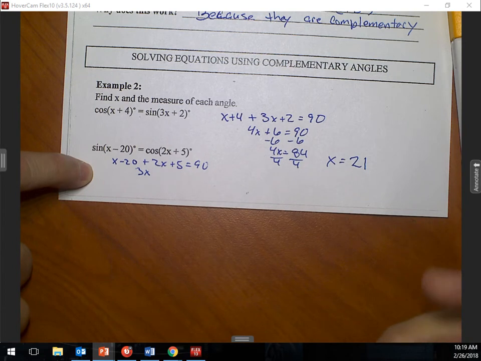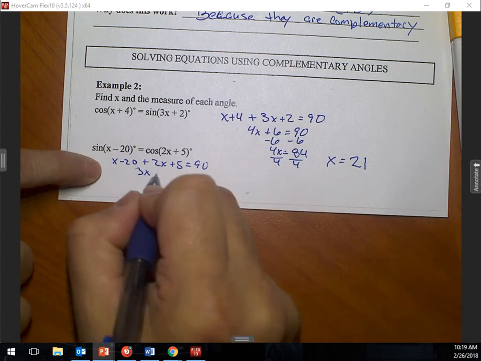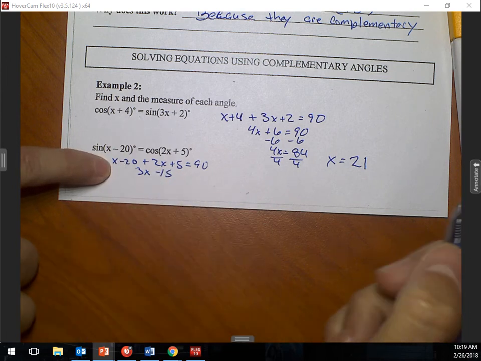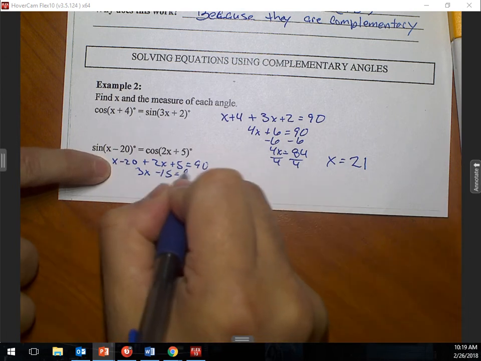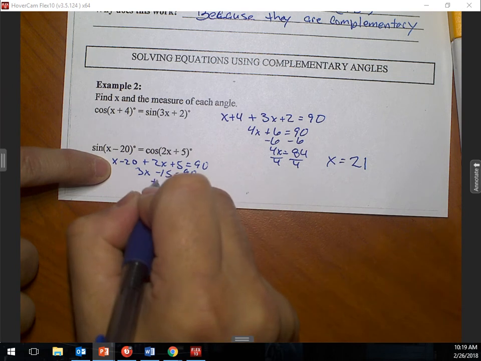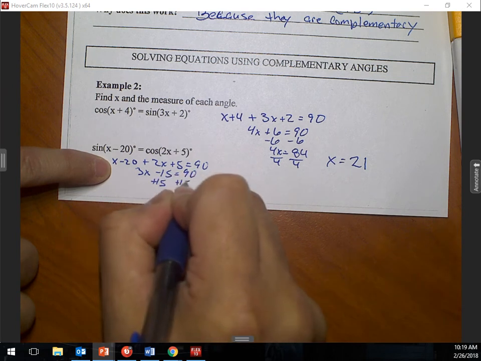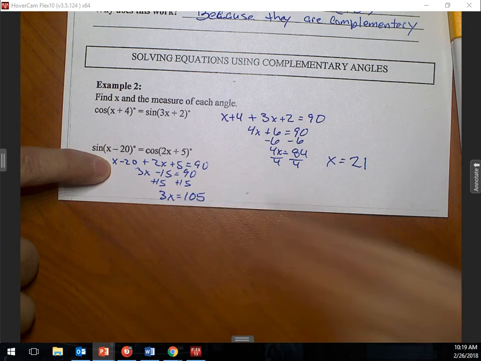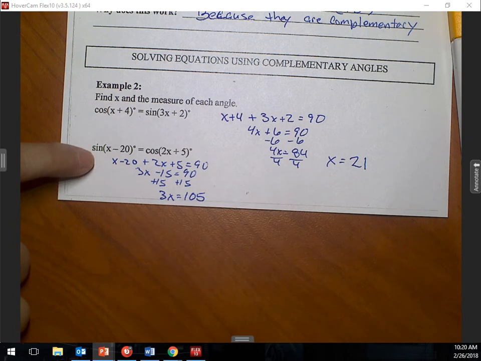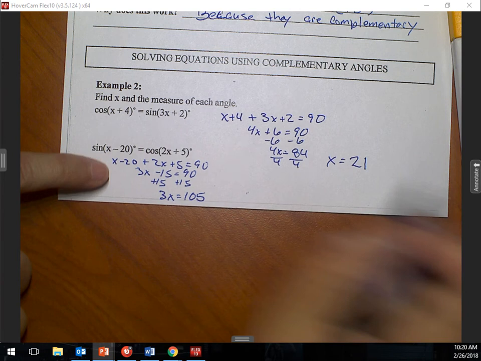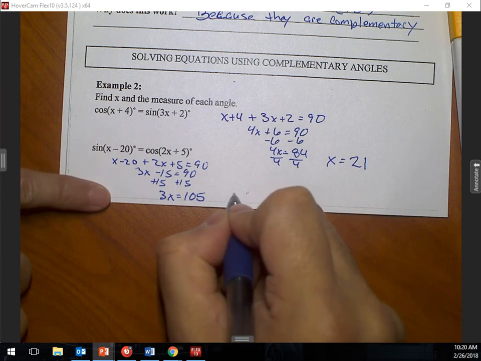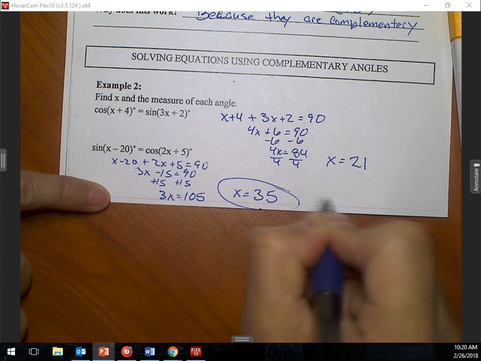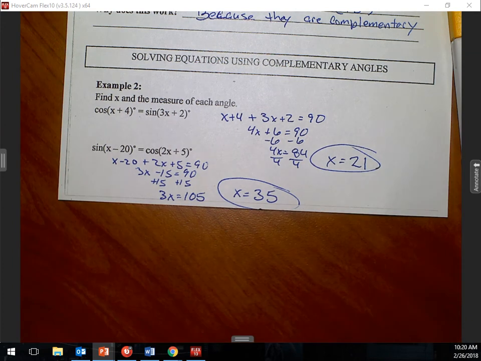No, minus 15. Minus 15. Because I have a negative 20 and a positive 5, right? Equals 90. Add 15 to both sides. So 3x is 105. Right? Divide by 3. x is going to be 35.